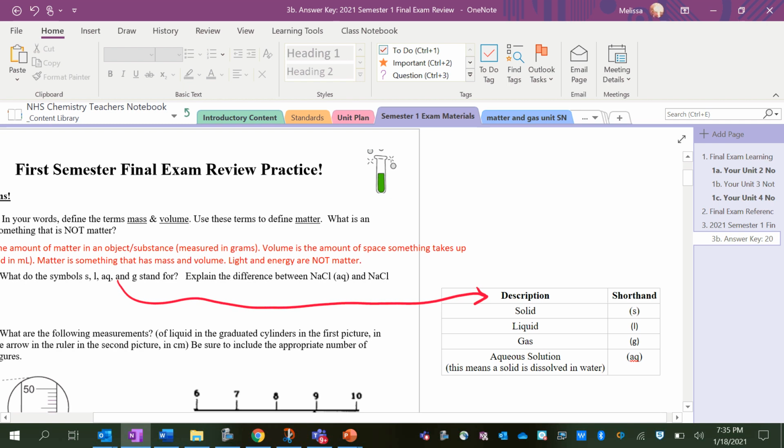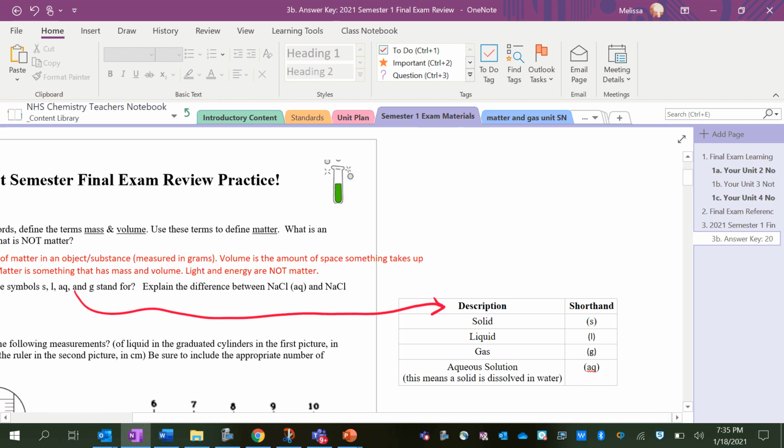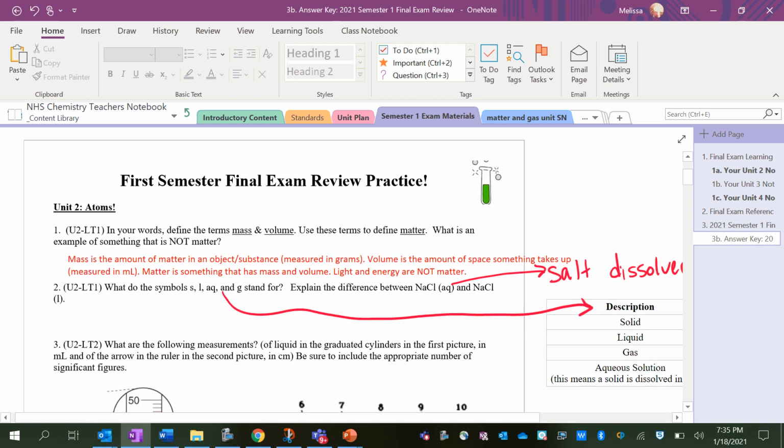And the difference between NaCl(aq) is this is salt dissolved in water, and liquid salt, I kind of went on to the next page here, but liquid salt would be salt that's heated to melting point until a liquid.